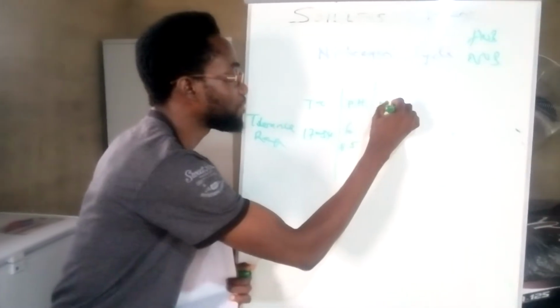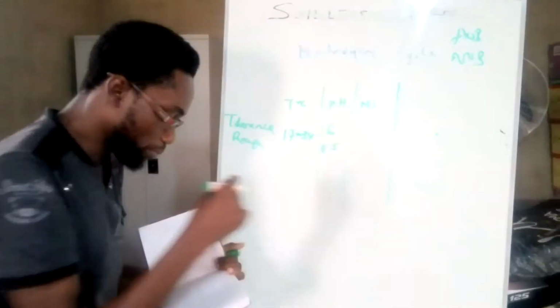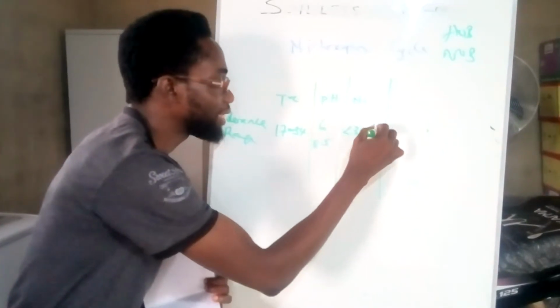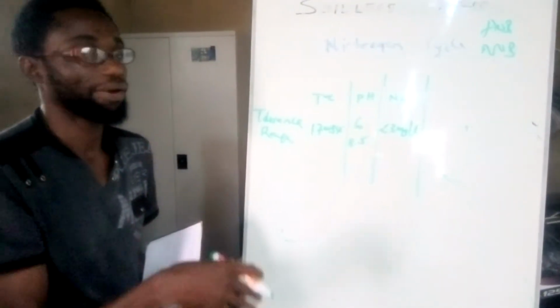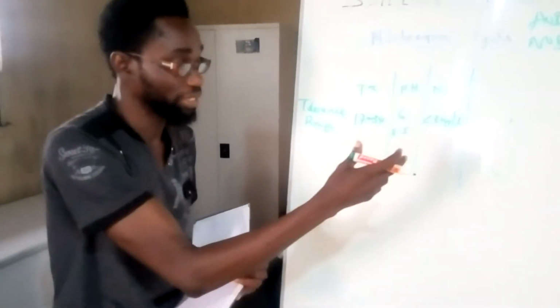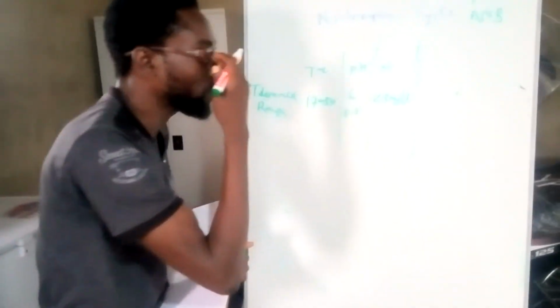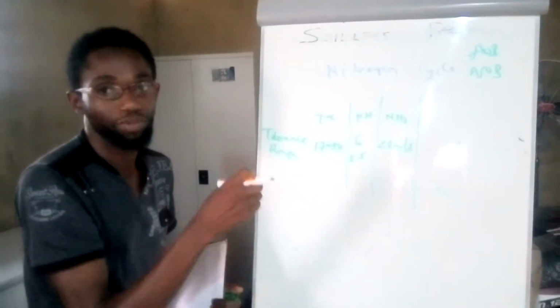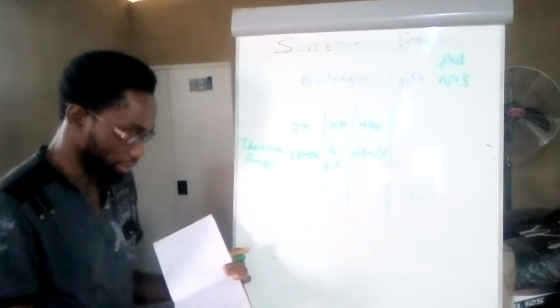Then ammonia level. For ammonia level, it should be below 3 milligrams per liter when you check. There are meters for testing all of these things. So if you are testing for ammonia level in your water, anything above 3 milligrams, you know there is already danger in sight.